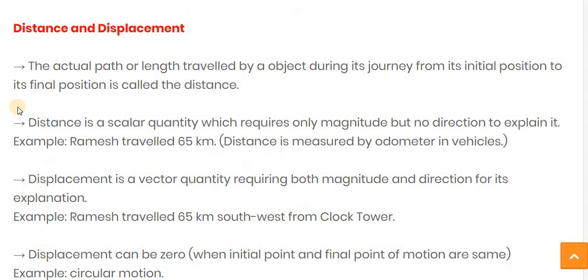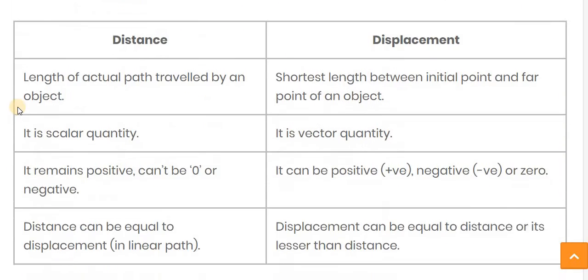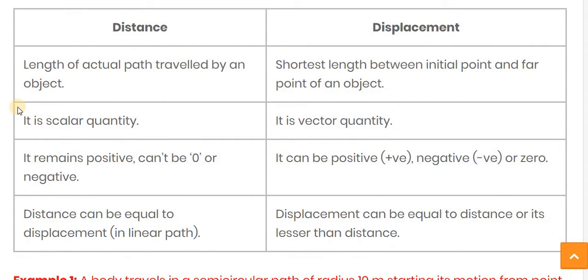Then after that we have seen distance and displacement. What is the difference between them? In distance, we count all the pathway, means the total pathway, whereas in displacement we consider the shortest pathway, means we consider only the final point and the initial point.